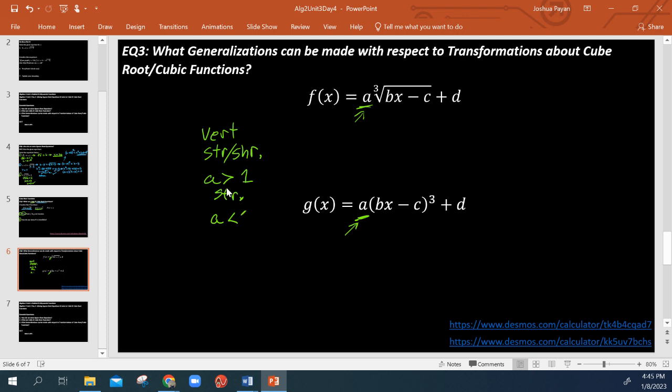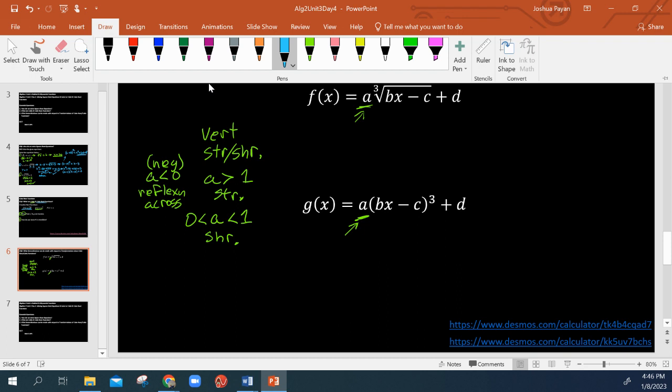When A is less than 1, but greater than 0, so it's like a fraction or a decimal between 0 and 1, we say that's a vertical shrink instead, right? And of course, if A is less than 0, a negative, we know we have a reflection across X.